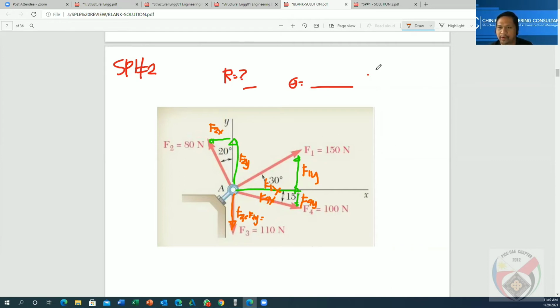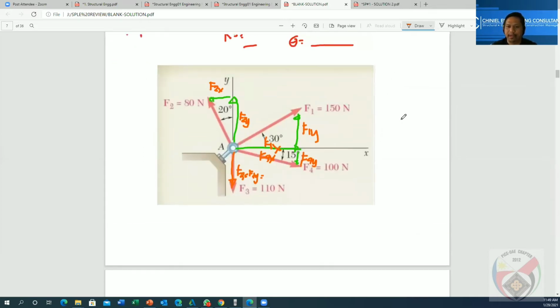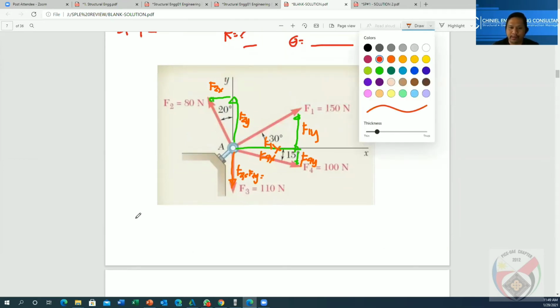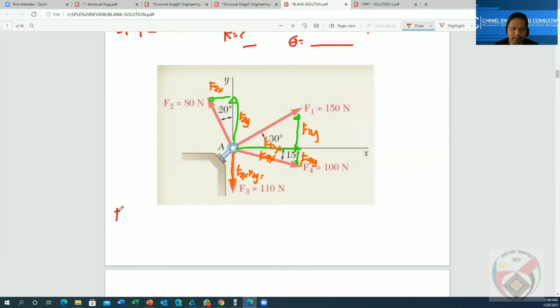So, calculate natin yung mga component from this diagram. Okay, so we'll start for the force F1. So F1x equals F1. Anong gagamitin natin? F1x is on the horizontal and this is angle 30. Is it sine or cosine?